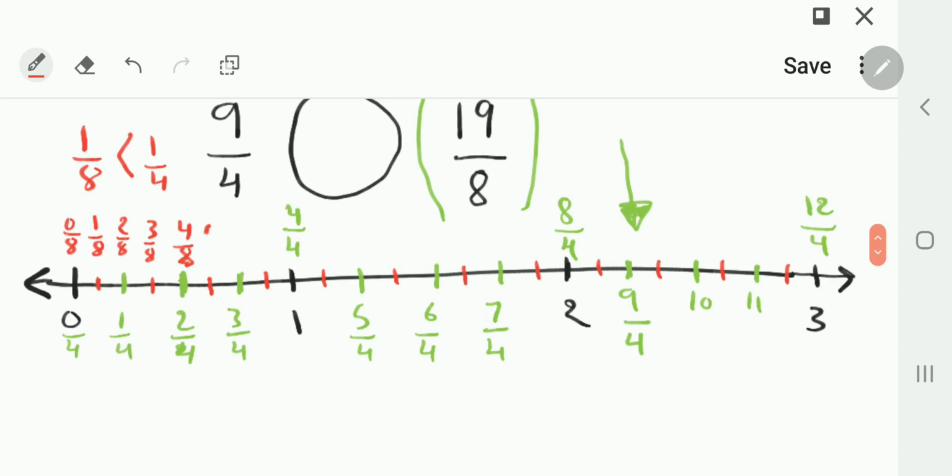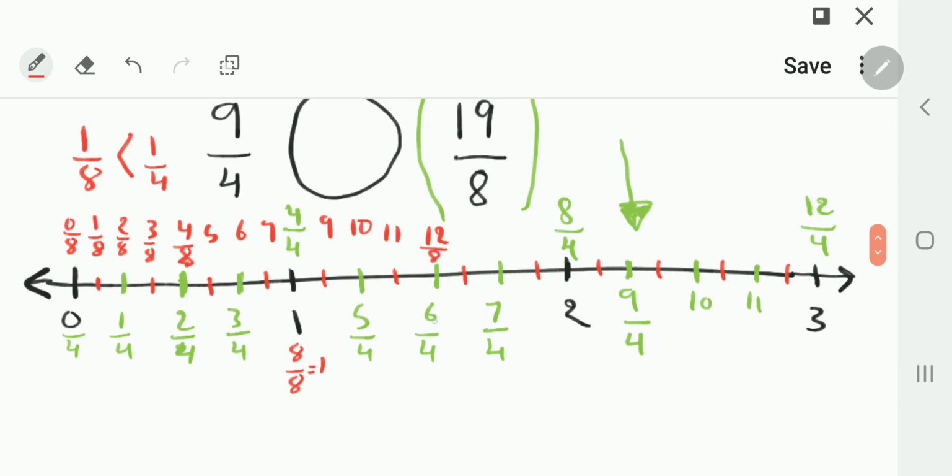This is going to be 5, 6, 7, and then this is going to be 8/8. 8/8 equals 1. Very good. Now I am correct because 8/8 is here, and then I go here, I put 9, 10, 11, 12.